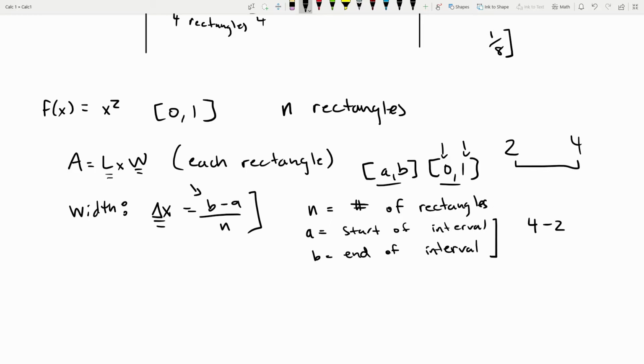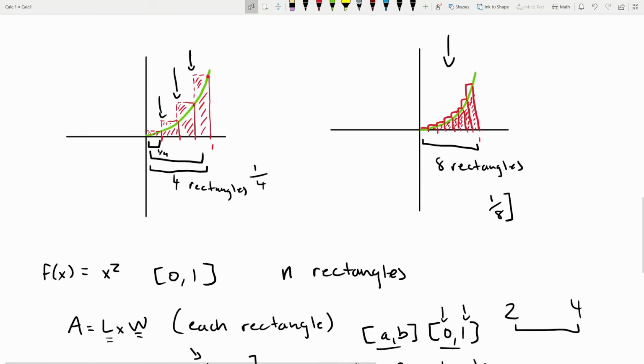But then we also need to know the width per rectangle. If we have this total length and then we have n rectangles, all we have to do is divide it by n. Like I said here, if we have a total length of 1 and 8 rectangles which are supposed to fit in here, what is the width per rectangle?